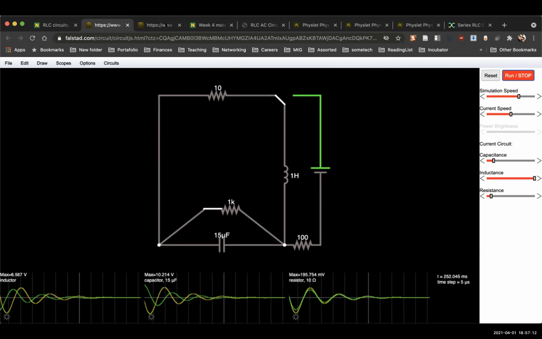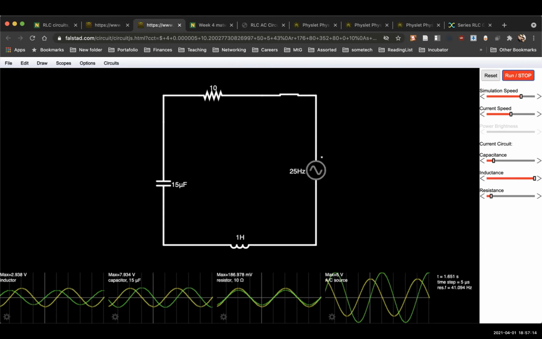And if we supply power to match the extent to which the energy of the system would be decreased by dissipation across the resistor, we can preserve the oscillation. We can maintain the behavior.